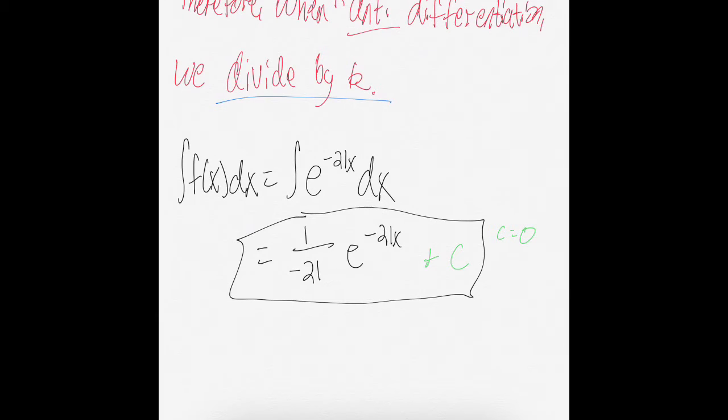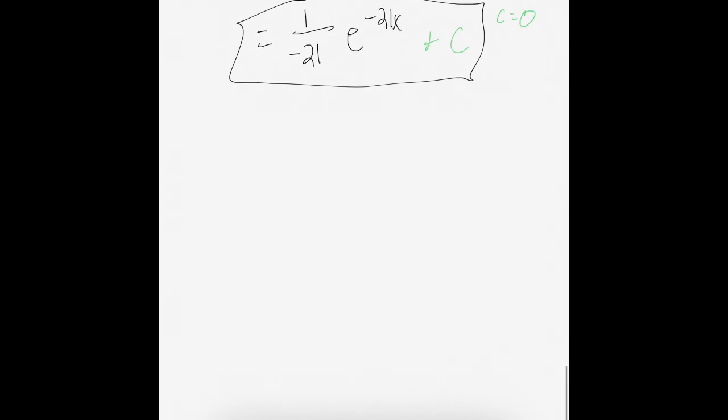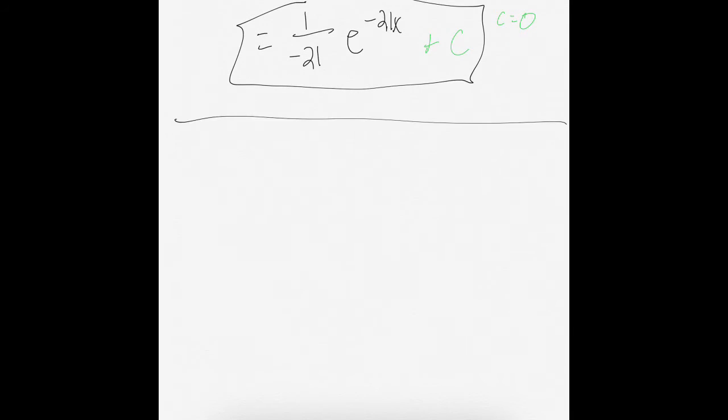Technically, I'll write it in green here because we have a plus c, but c equals 0 in this particular case. In this problem we're given that c equals 0, so really our answer is just this part in black, but I urge you to develop the habit of writing plus c at the end of these indefinite integrals. I think we have at least one more in this rapid fire round.